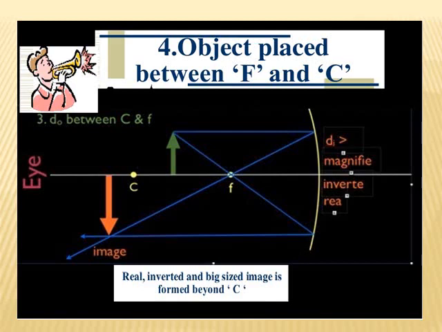So real, inverted, and look at the size of the object and image. The length of the image is more. Therefore we say the image is magnified or enlarged. So real, inverted and enlarged image is formed. And where is it formed? Beyond C.